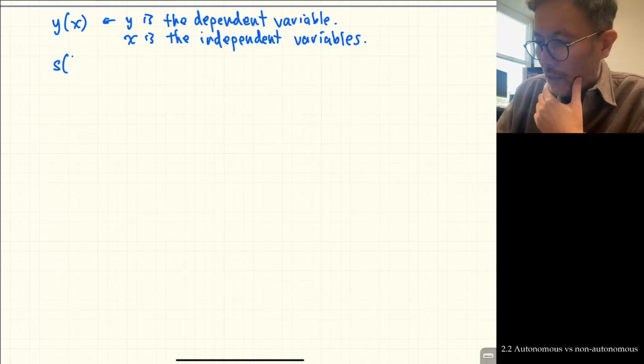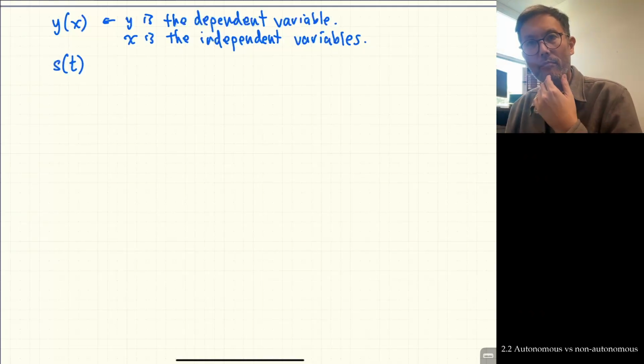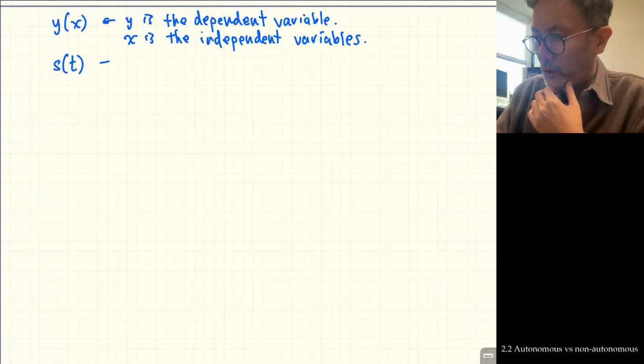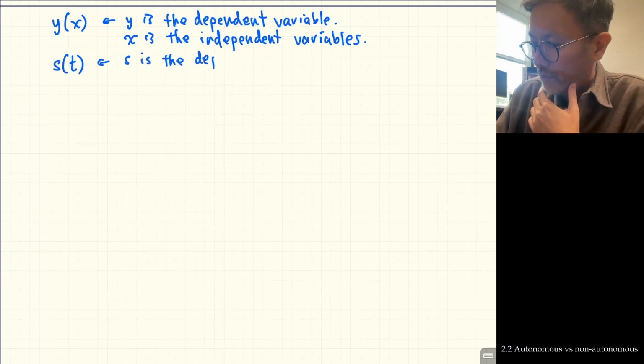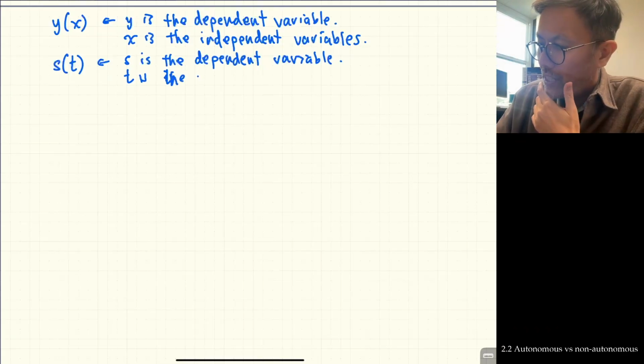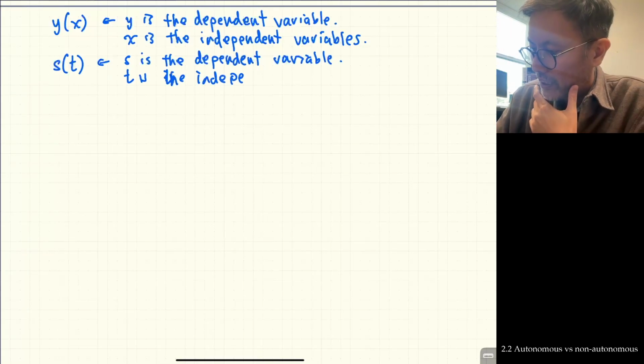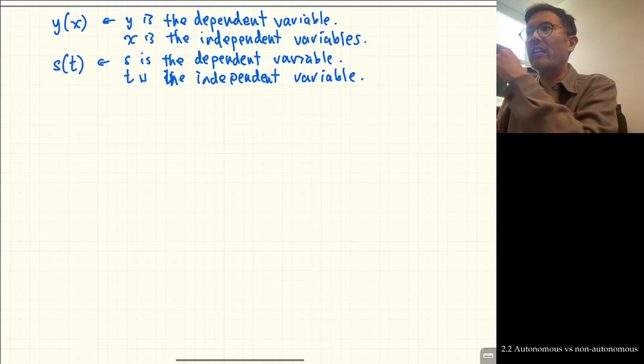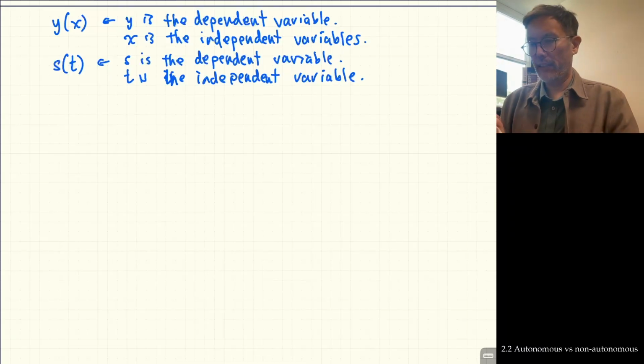This could depend on maybe a variable t, in which case s is the dependent variable, while t is the independent variable in this setup. Okay, so that's the distinction between being an independent variable and a dependent one.